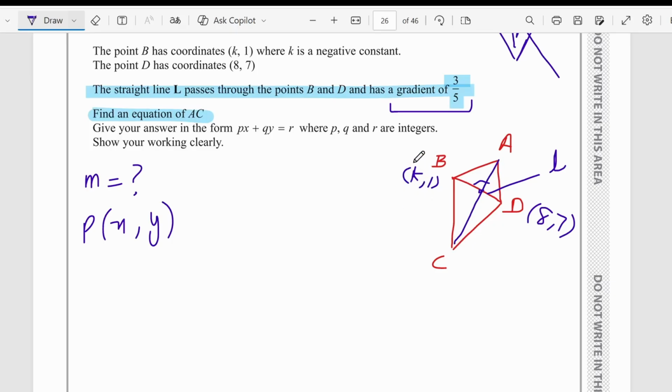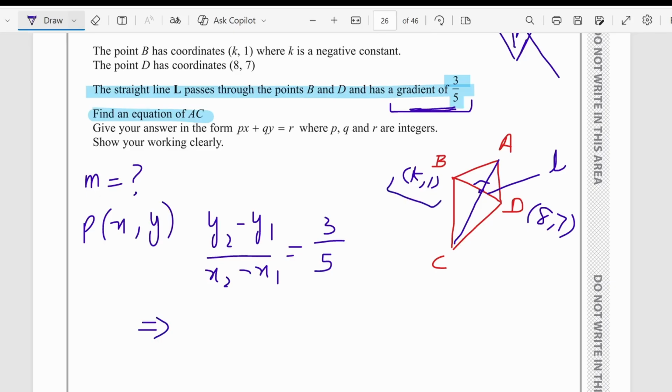To find the unknown k, first of all, we are going to use the condition of gradient. The gradient is given to us. We use the formula for the gradient, y2 minus y1 over x2 minus x1, equals 3 by 5. By using this gradient, we can find the value of k. If I say this is x2, y2 and this is x1, y1, then y2 minus y1 would be 1 minus 7 over x2 minus x1, which is k minus 8, equals 3 by 5.